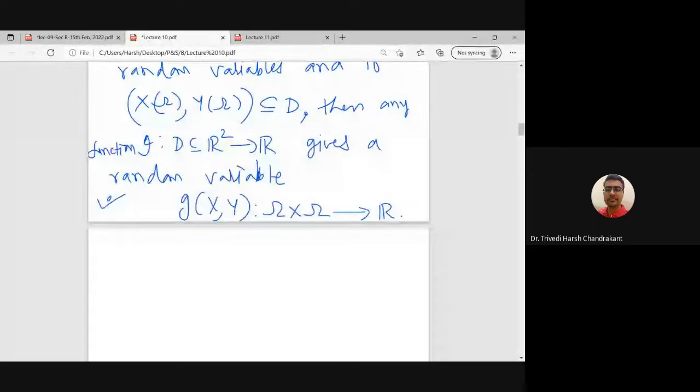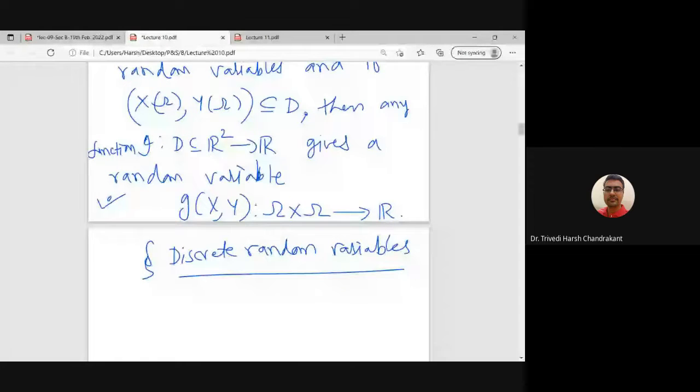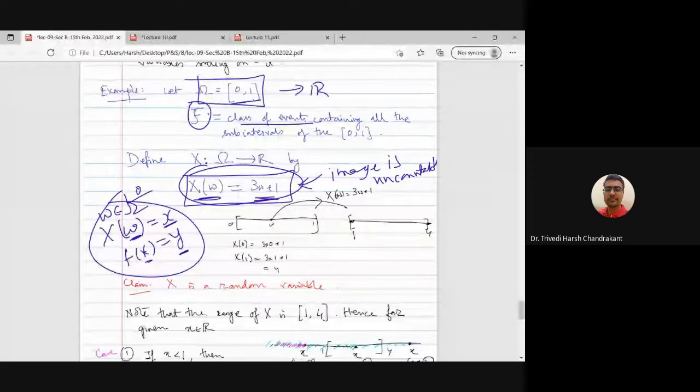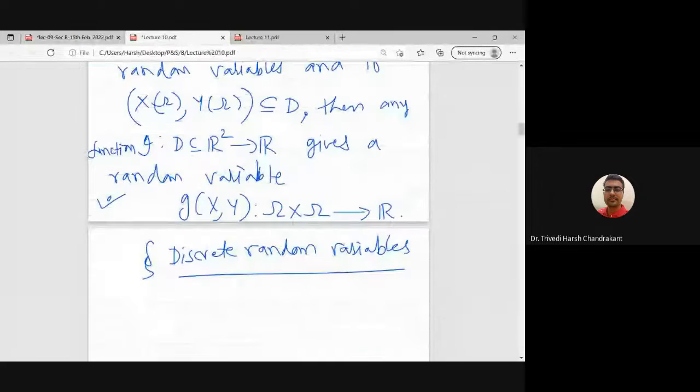So what is discrete random variable? So this example we have discussed that some random variables have a finite range, and some have an infinite range which is uncountable.